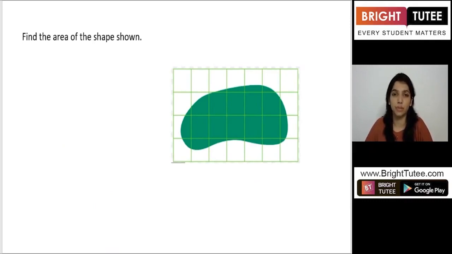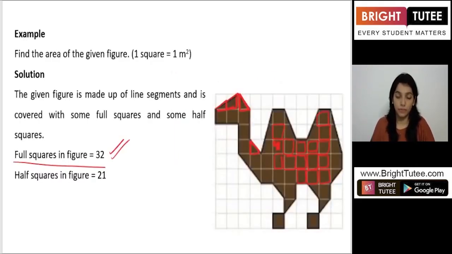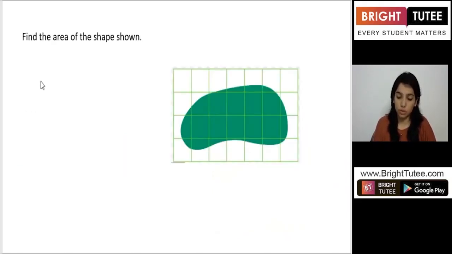Starting with a simple shape, we are going to find the area of this shape that you see in front of you. Now, what do we need first? In order to find the area, we need to find the number of squares that we see in this particular shape. So let us write exactly how we see here. We are going to write the number of full squares.